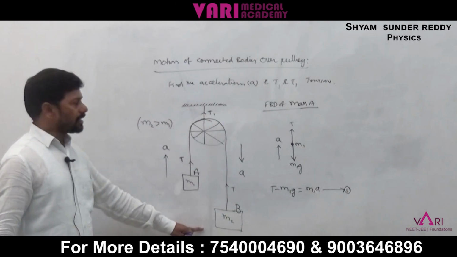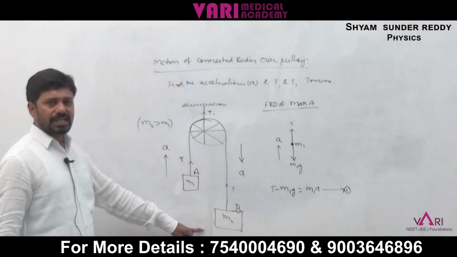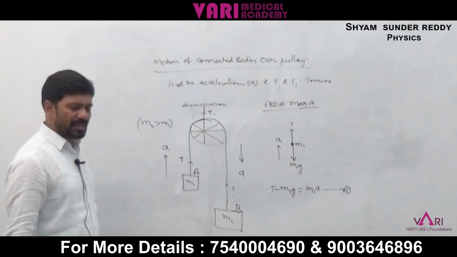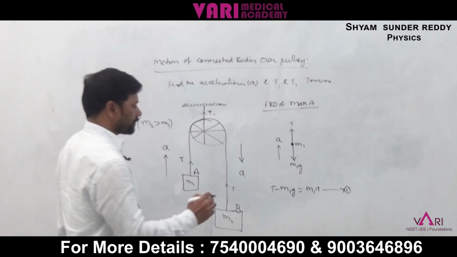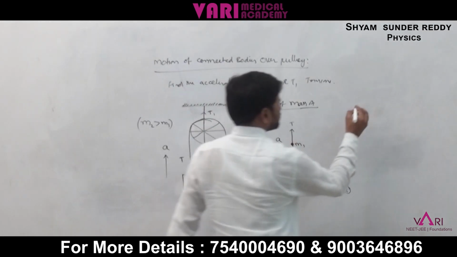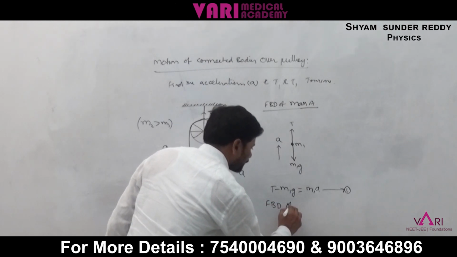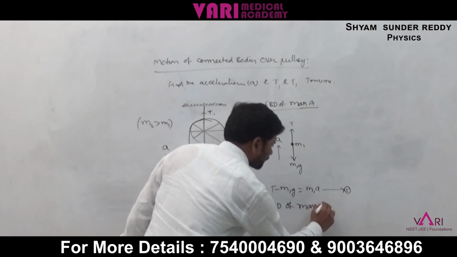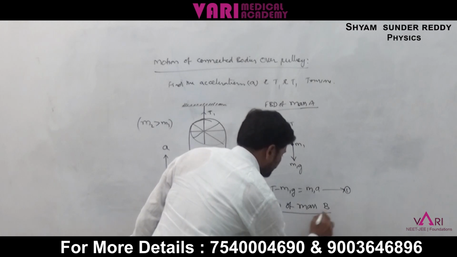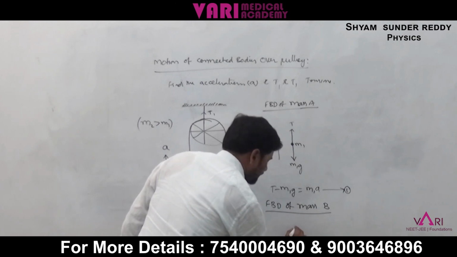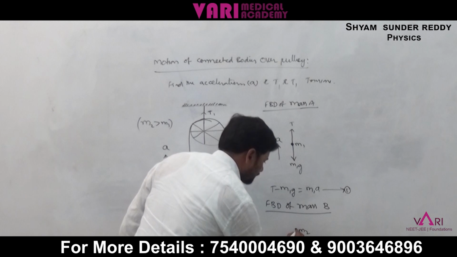Similarly, we can write the free body diagram of B mass. Here it is M2 mass.